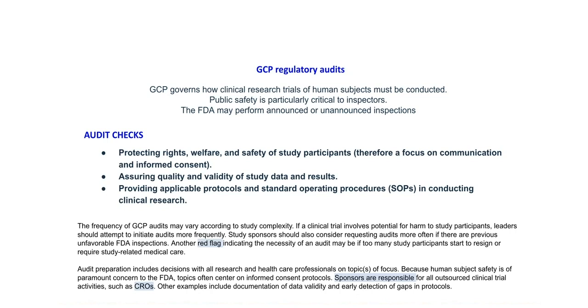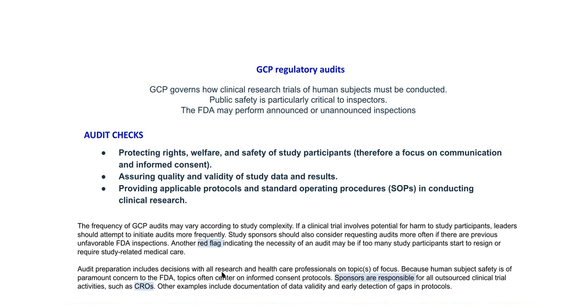Okay. Also, you can create and apply protocols to conduct the clinical research process internally in your lab. Every time you base your procedures on the standards, that will also be a good check in the checklist that the audits will do.